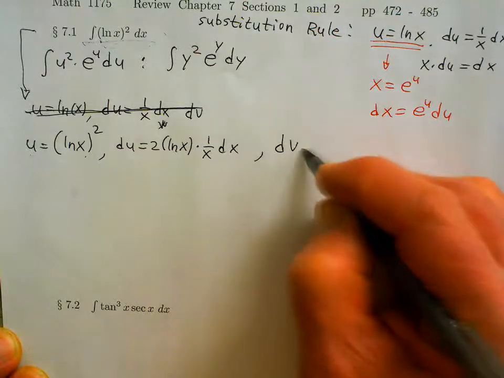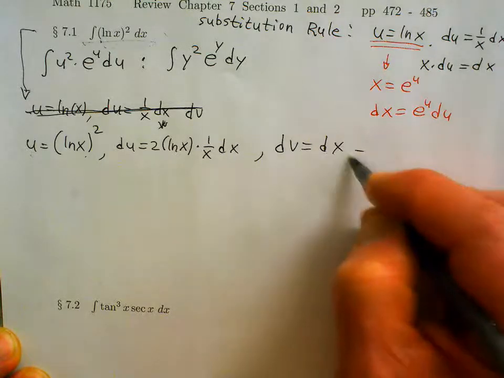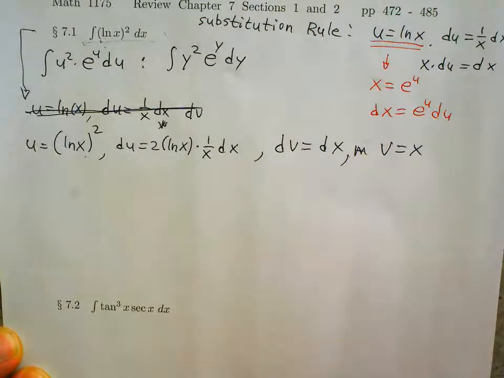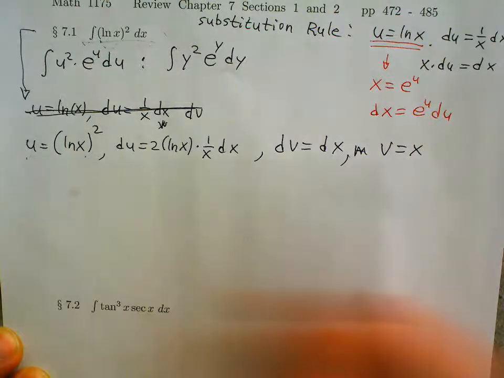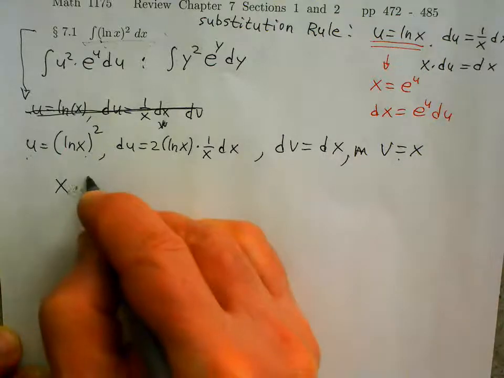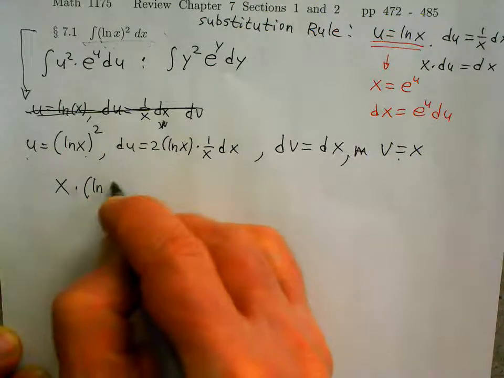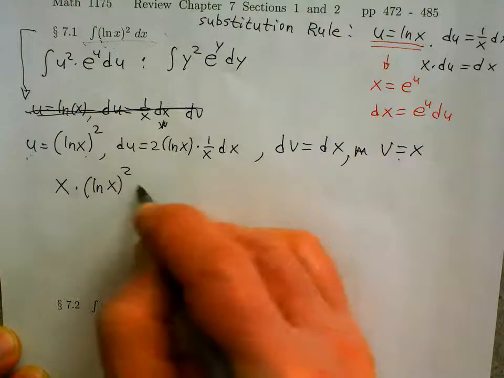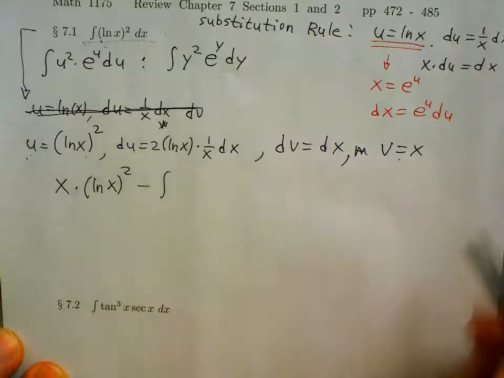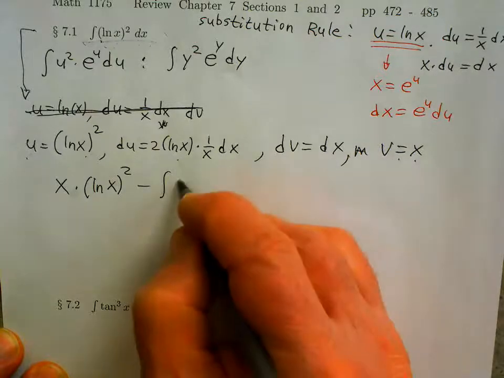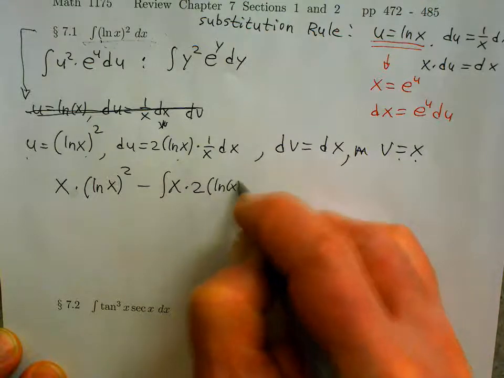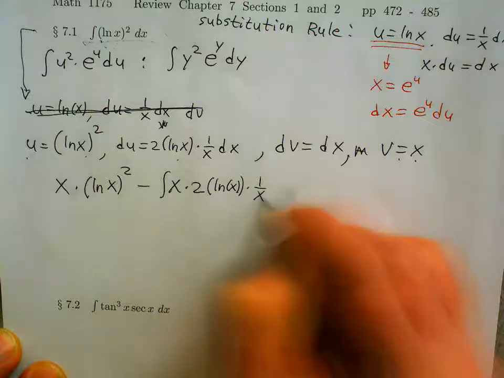And dv is equal to dx, so that gives us v equals x. Okay, then u times v, using integration by parts, is x times the natural log of x quantity squared, minus the indefinite integral of v times du, so that's x times 2 times the natural log of x times 1 over x dx.